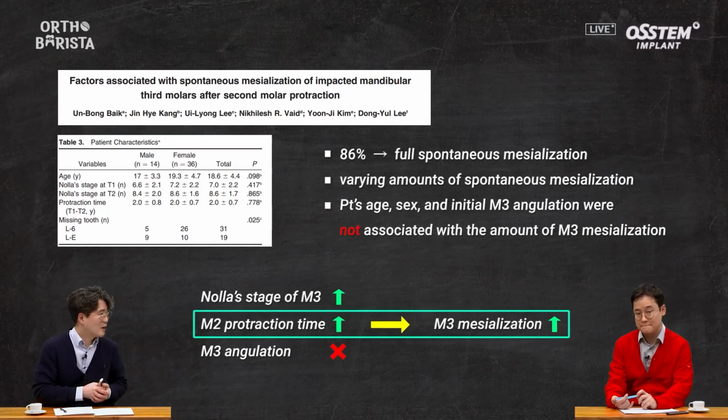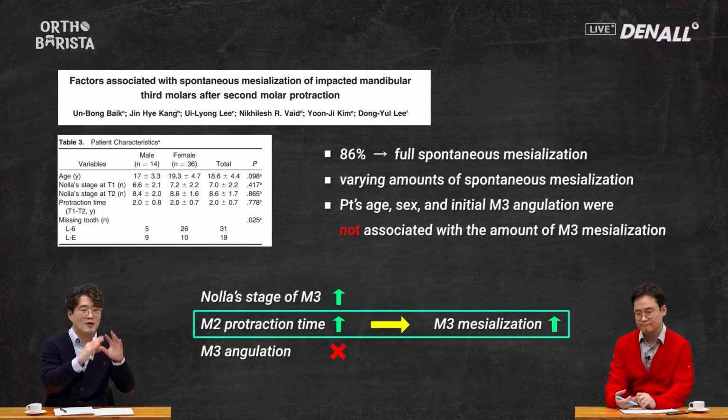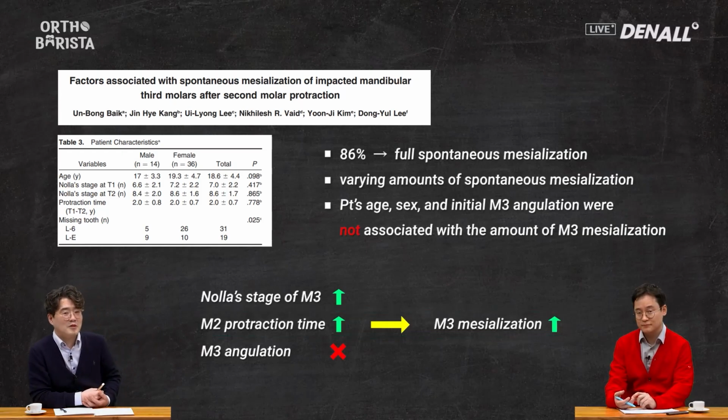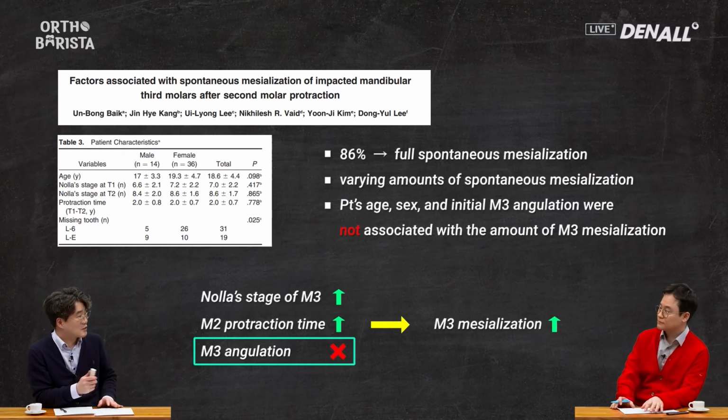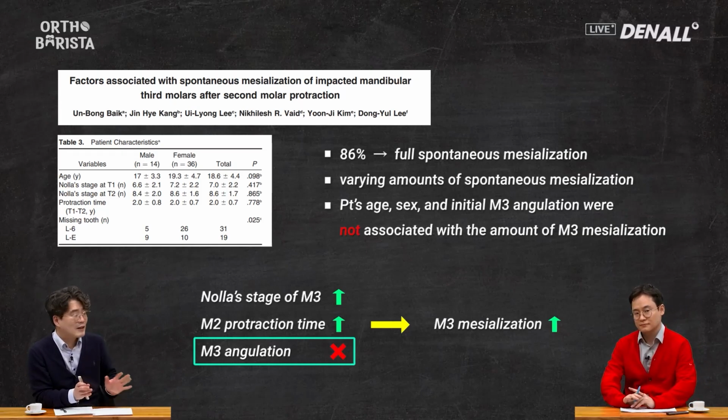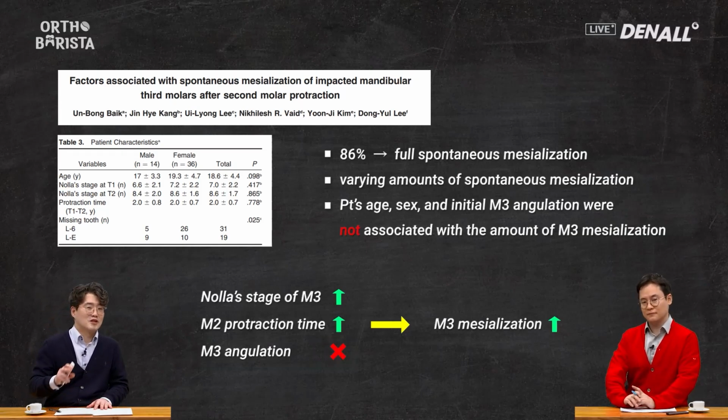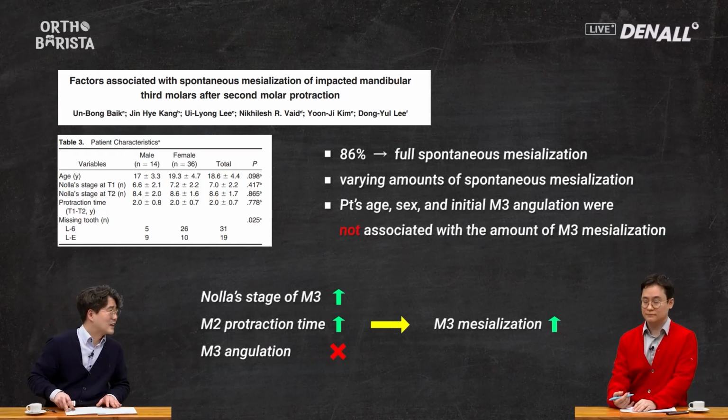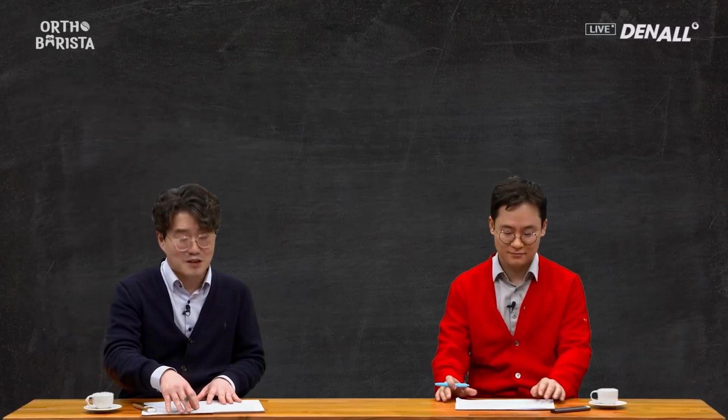The results align with this, showing that the angulation of the wisdom tooth doesn't strongly correlate with the outcome. Some studies conclude that angulation isn't a major factor. As mentioned earlier, while these findings are not absolute, they provide useful insights.